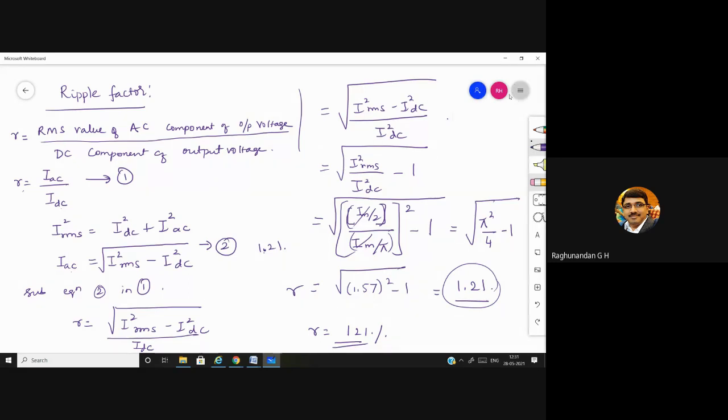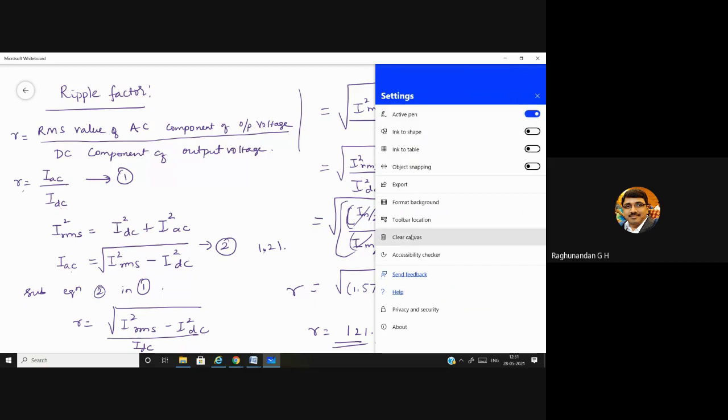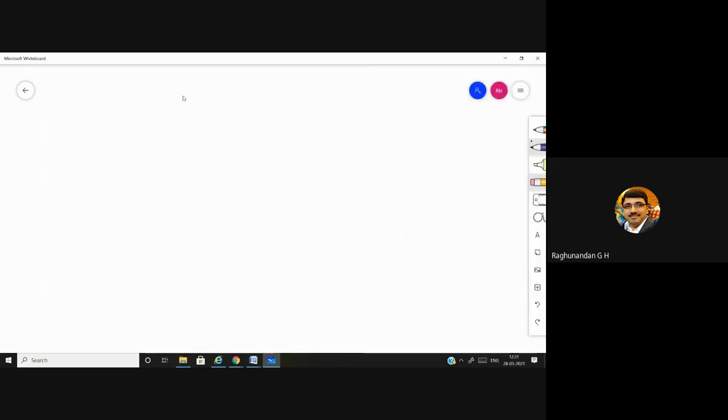After this, the next part is efficiency of rectification. In the efficiency of rectification, efficiency means always output by input.